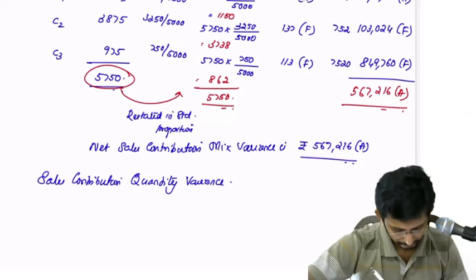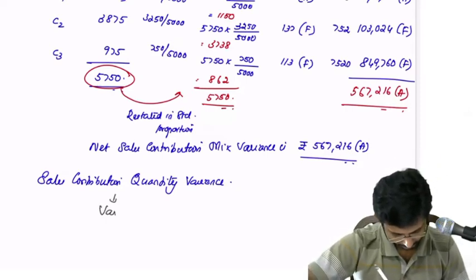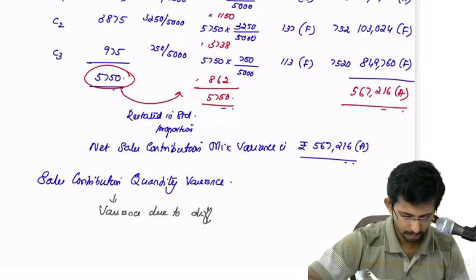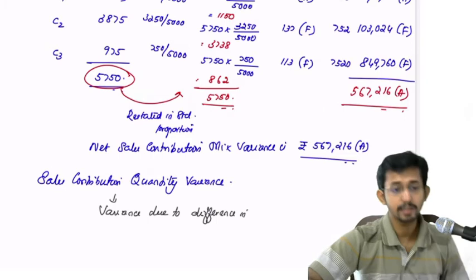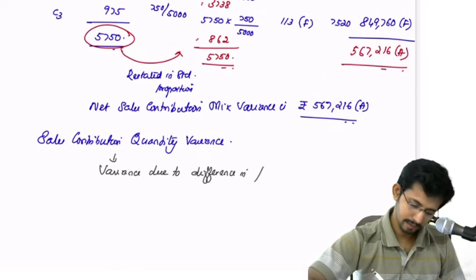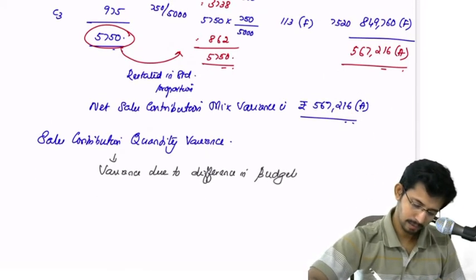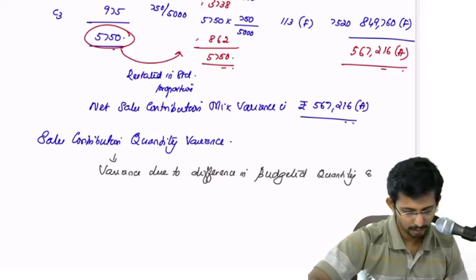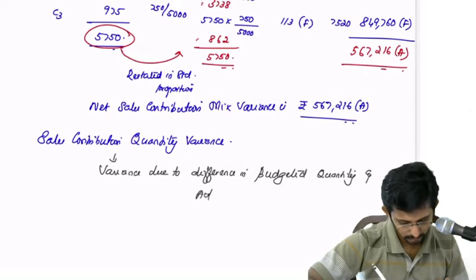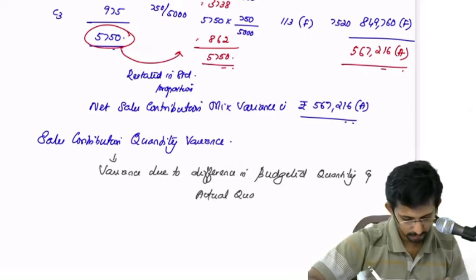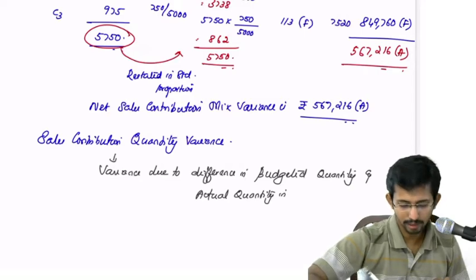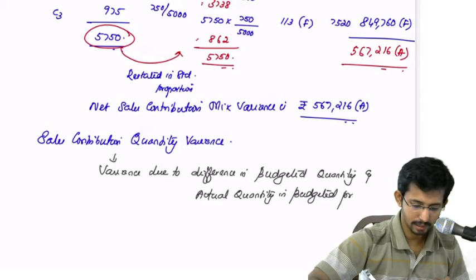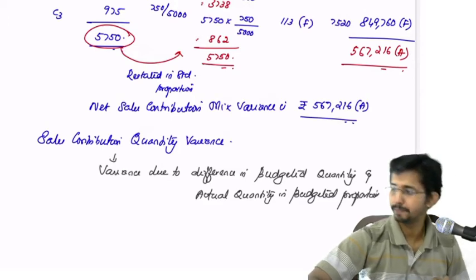It is the variance due to difference in budgeted quantity and actual quantity in budgeted proportion.